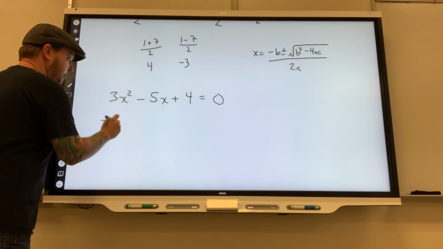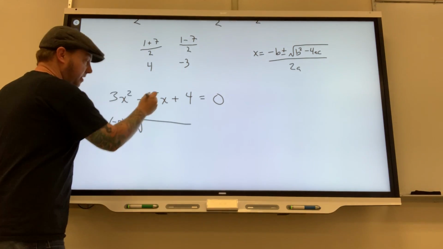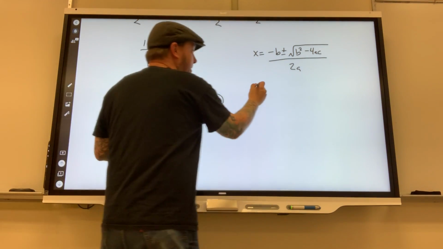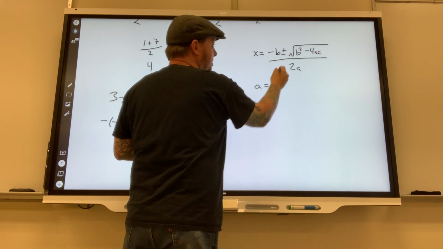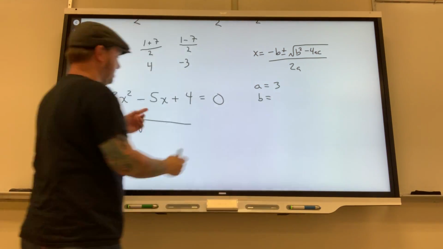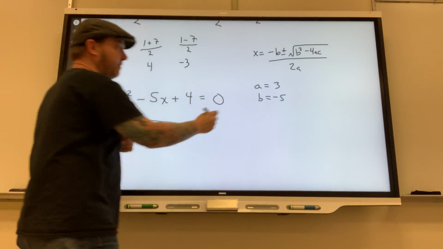We've got negative 5 plus or minus square root b squared. Would it help if we put a, b, and c? Maybe. Do it. If you need to, do it. A is 3. B is negative 5. C is 4.